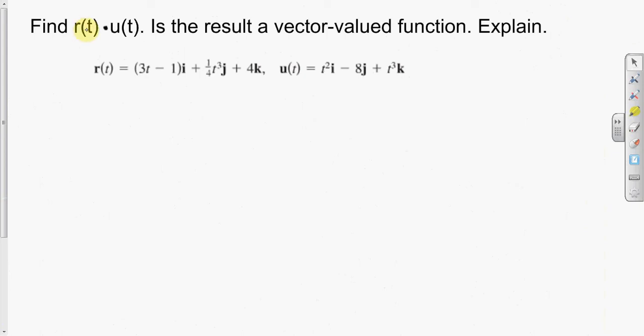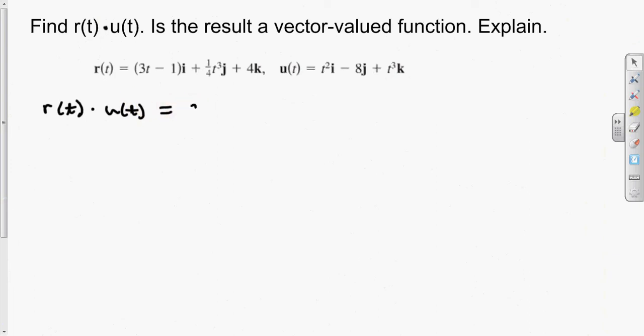So here, find r of t dot u of t, where the result is a vector valued function. What is r of t dot u of t? What is that called? Dot product, that's right. Dot product or the inner product. Very good. So we find the inner product of r of t and u of t.